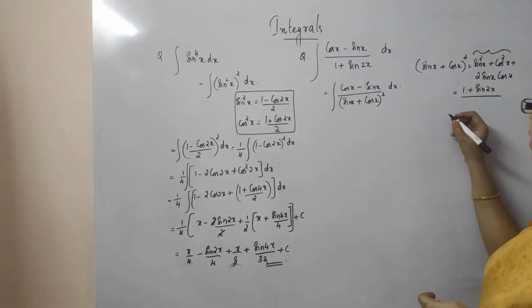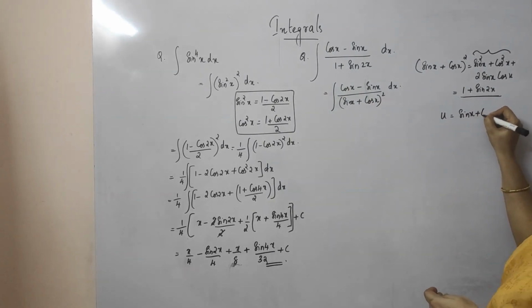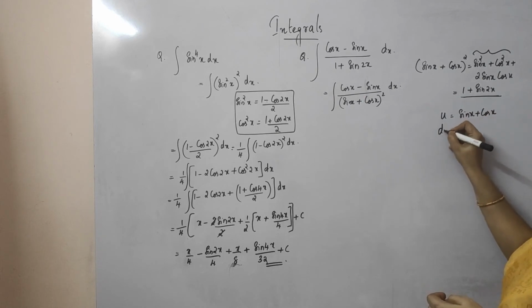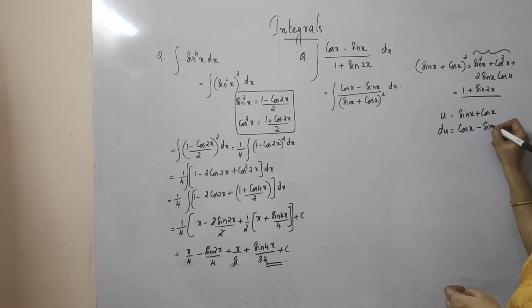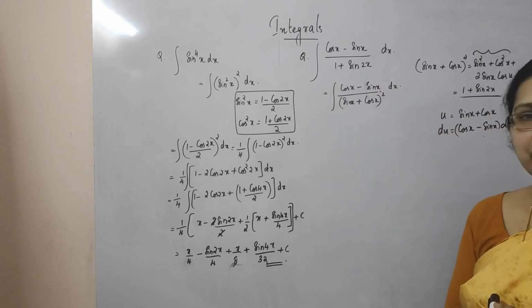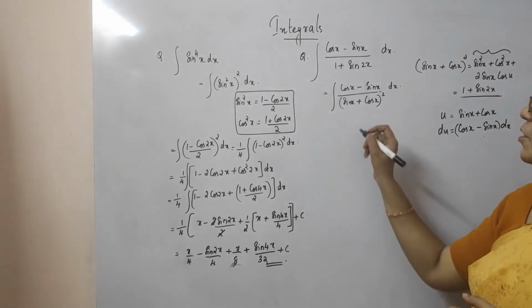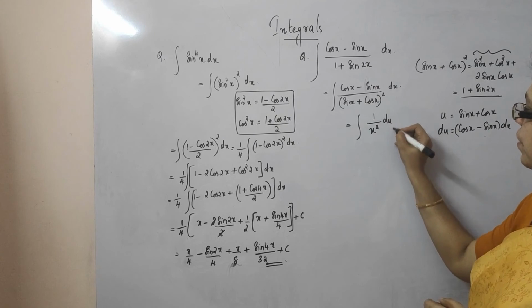Now you might have come to know, substitute u is equal to sine x plus cos x. What is the derivative? du is equal to derivative of sine x plus cos x. Derivative of cos x is minus of sine x into dx. Now see, this is exactly the numerator. Isn't it or not? So, you can directly write this as 1 by u square into du.